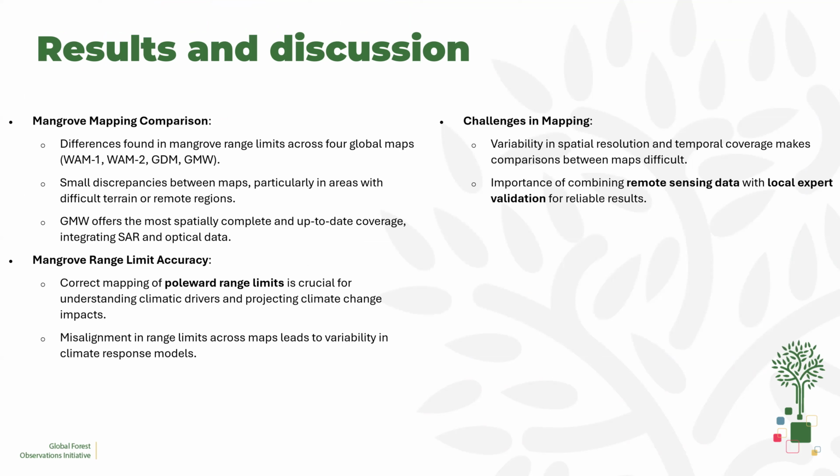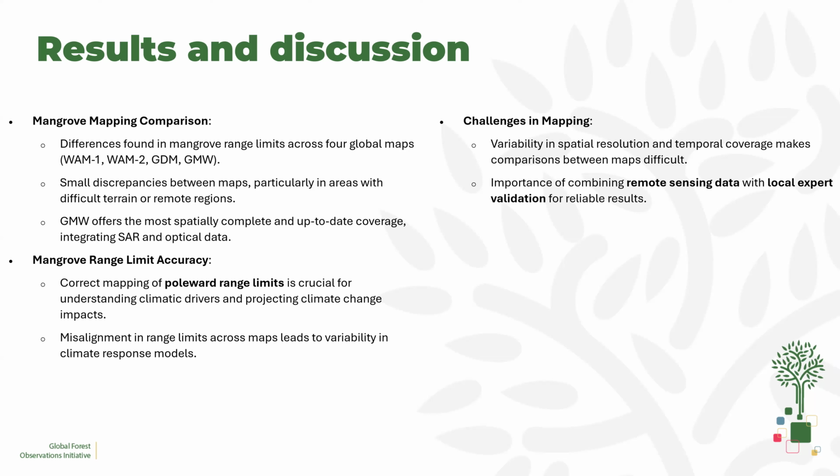And the Global Mangrove Watch offers the most complete and up-to-date coverage, because they integrate SAR and optical data. On a global scale, we didn't make this analysis looking at all the places, but we know that they have the most complete spatial distribution of mangroves. But even this map has some issues regarding the range limits.